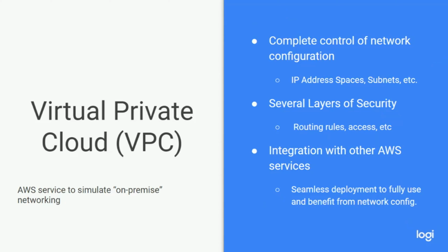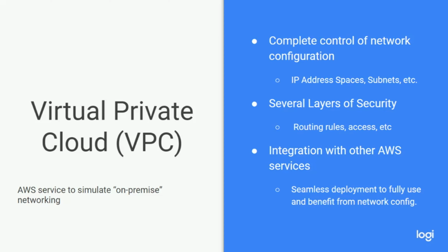Anyway, the next thing here is virtual private cloud, or VPC. Essentially, this is a way of simulating the on-premise networking that many companies are used to and expect as far as secure networking goes. VPC gives you complete configuration powers over your network, whether that's the IP address subspaces or the subnets.